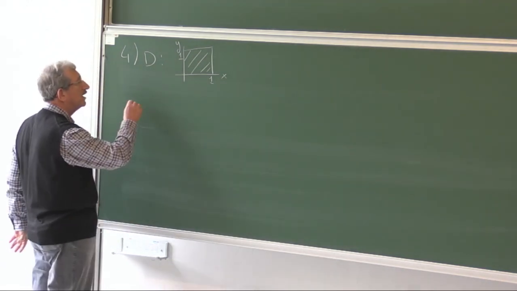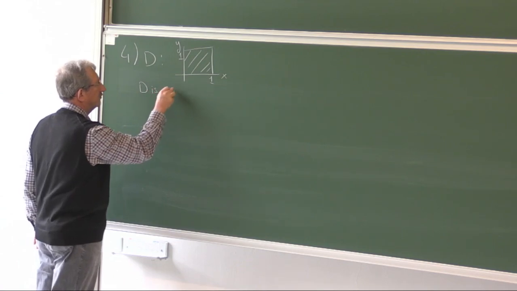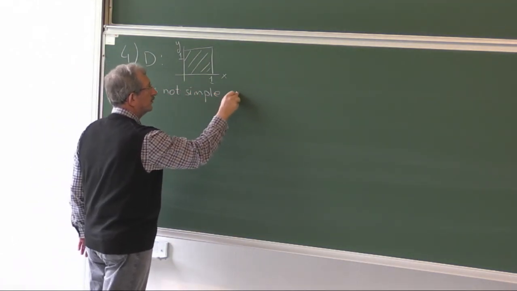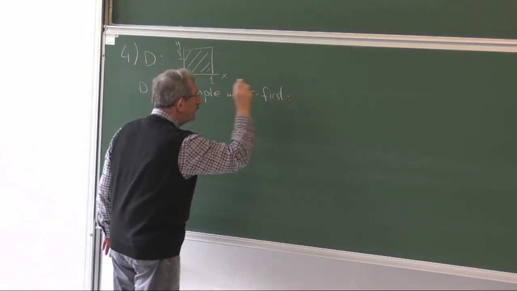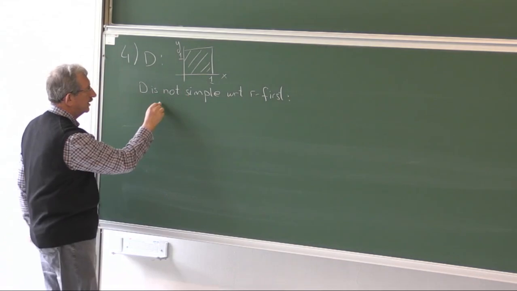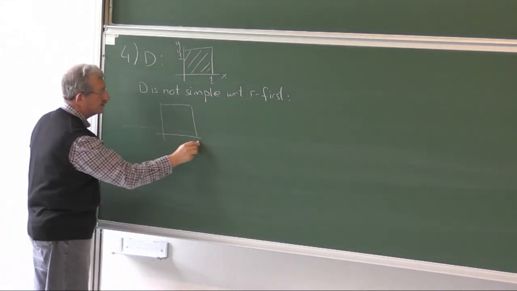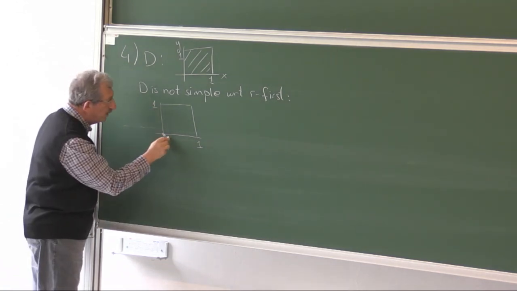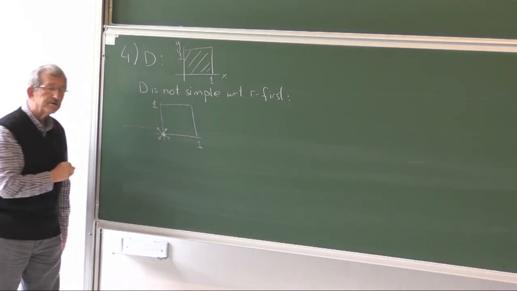But here, firstly, D is not simple with respect to R first. This is because in here, when we start from the origin, move in all directions, that's the increasing R direction, okay?